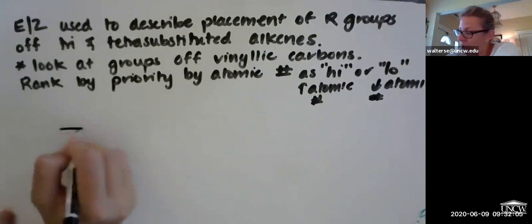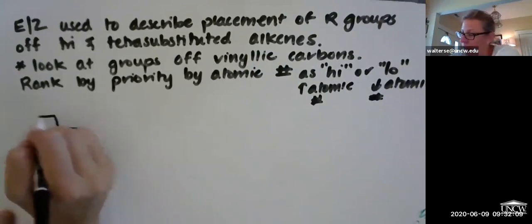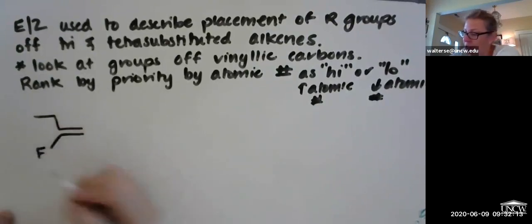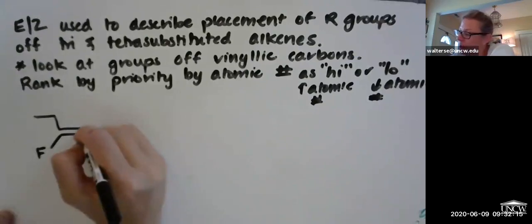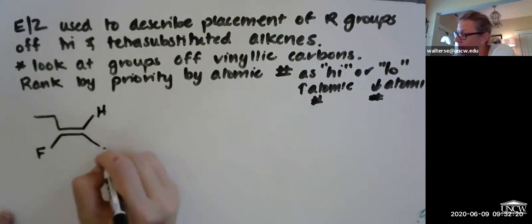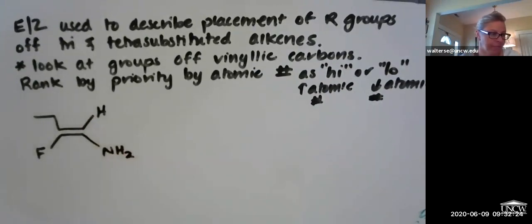So you're going to have your vinylic pi bond, and then off of upper left, put an ethyl, bottom left, fluoro, upper right, hydrogen, bottom right, put an amine. Okay.